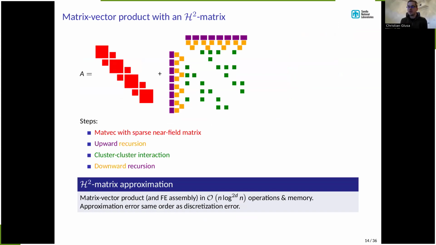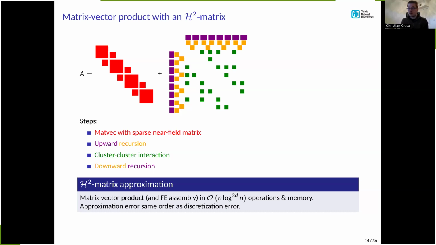All right, so now we have constructed a very complicated looking version of our stiffness matrix. If you want to perform a matrix vector product with something like that, in the end, it's really quite simple. We first have to perform the matrix vector product with the near field matrix, the blocks that we assembled directly.